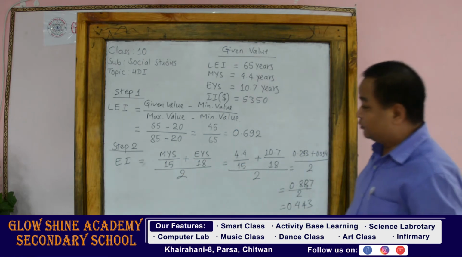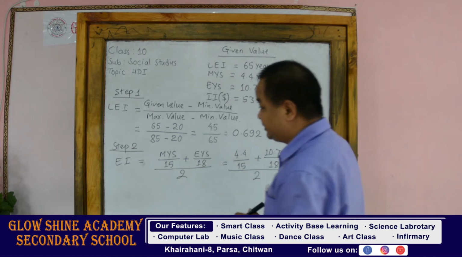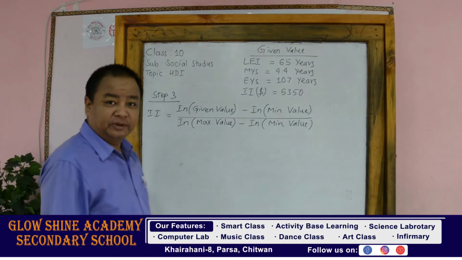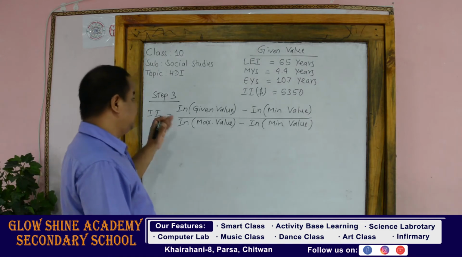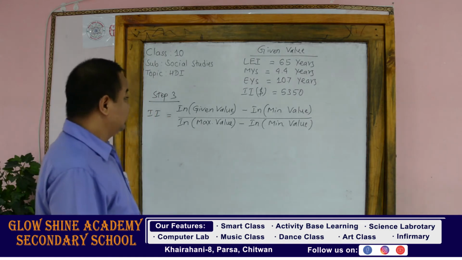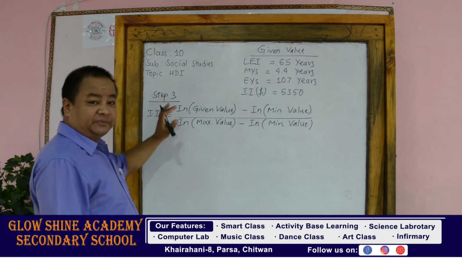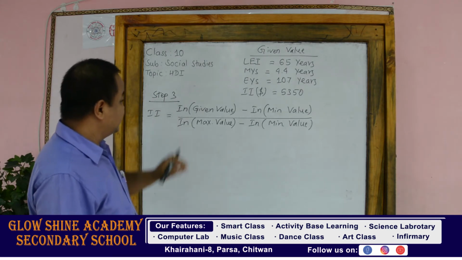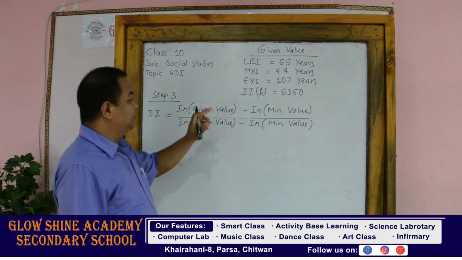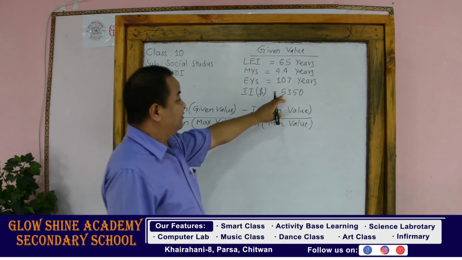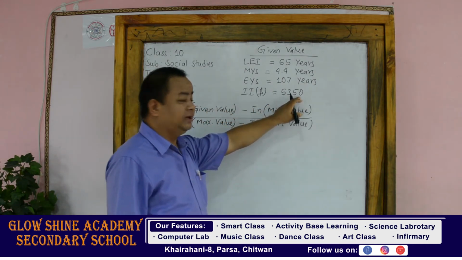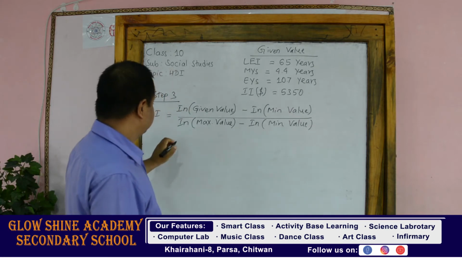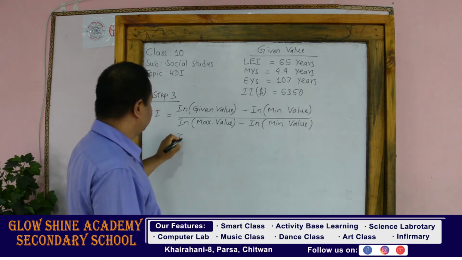Now we are going to the third step. We are going to calculate step 3 of the SDI, and for step 3, we calculate the income index. The income index given value is 5,350 US dollars, is equal to II.